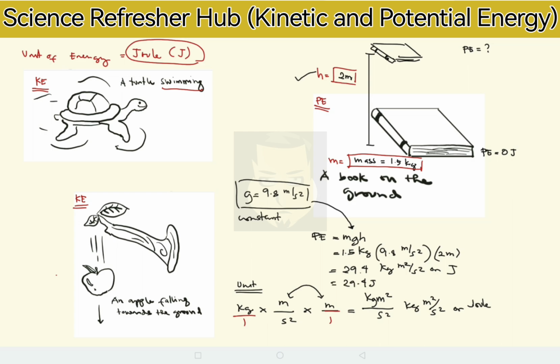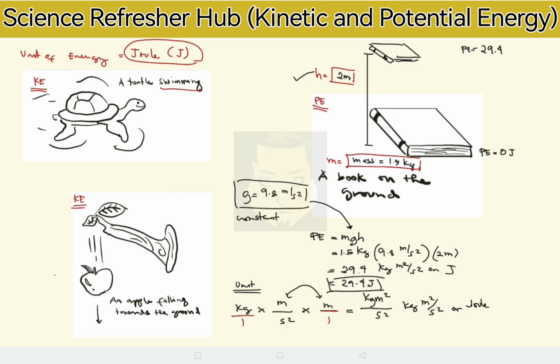So this is the amount of potential energy possessed by the object when the object is 2 meters above the ground. So it gains potential energy. It's now 29.4 joules. From 0 joule to 29.4 joules.